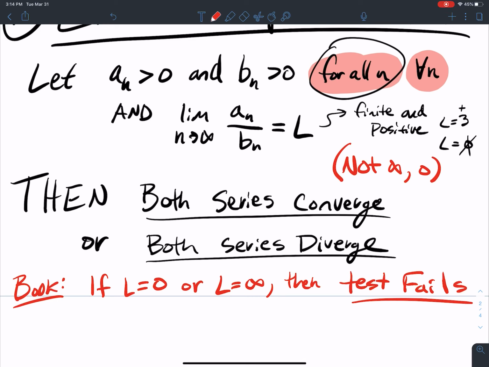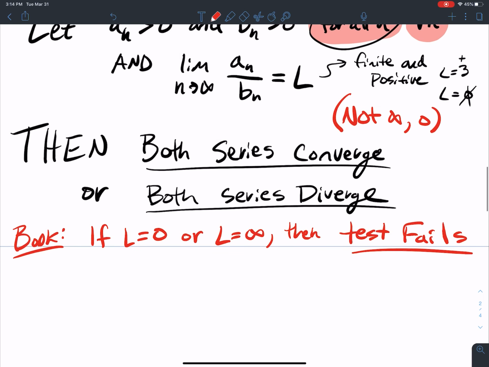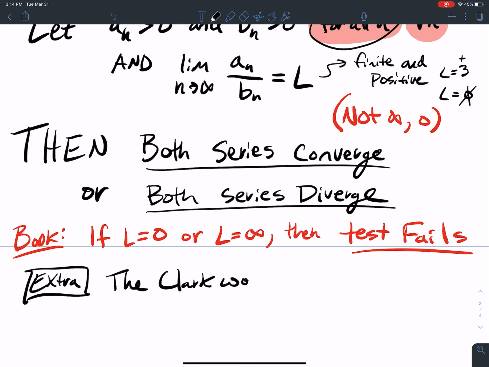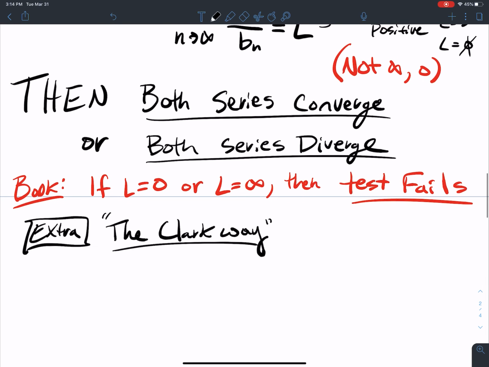All right? But I'm going to give you a way to get around this in a sense. All right? This is extra for you. The Clarke Way. Patent pending, right? So the Clarke Way.